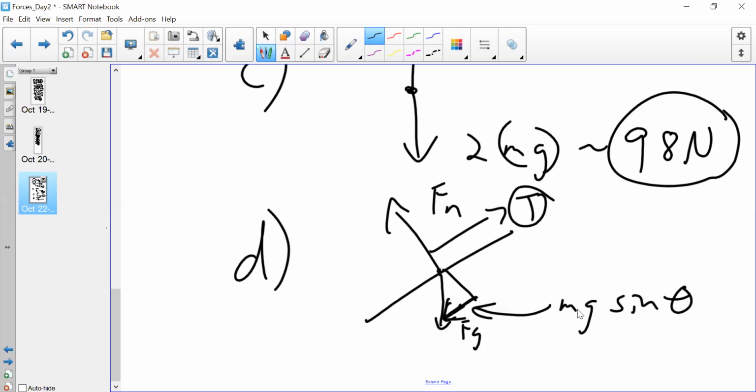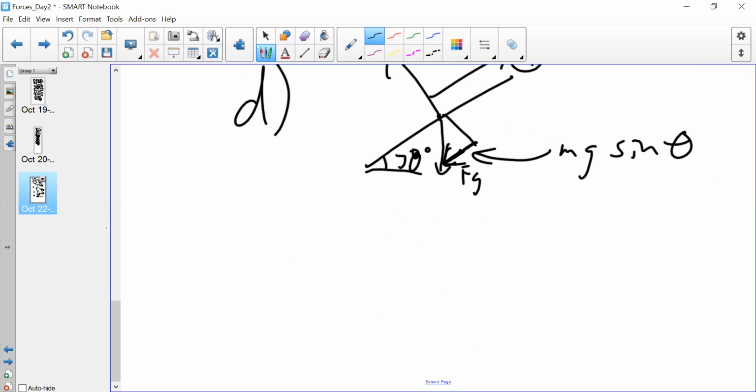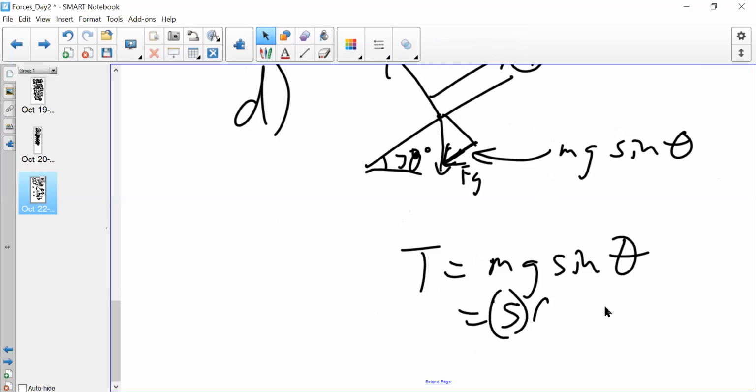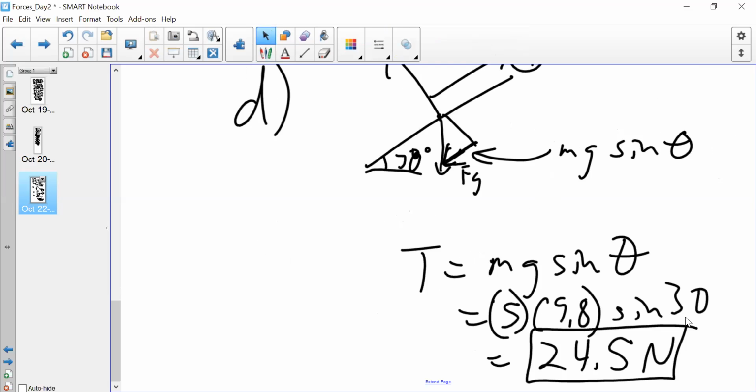So 50 sine of 30. That's roughly 24.5 newtons. So, I mean, nice little scenarios with the pulleys.